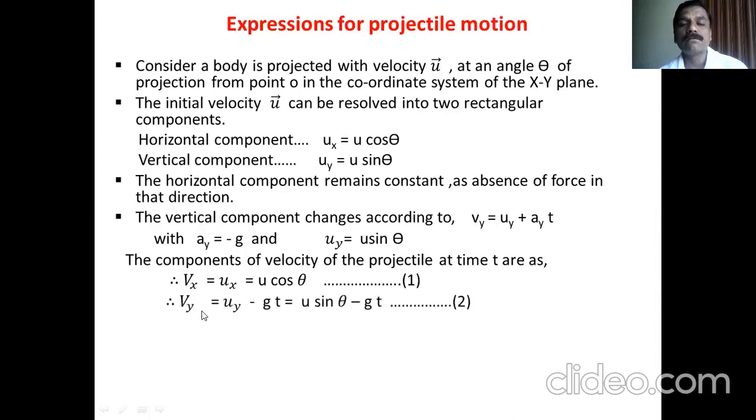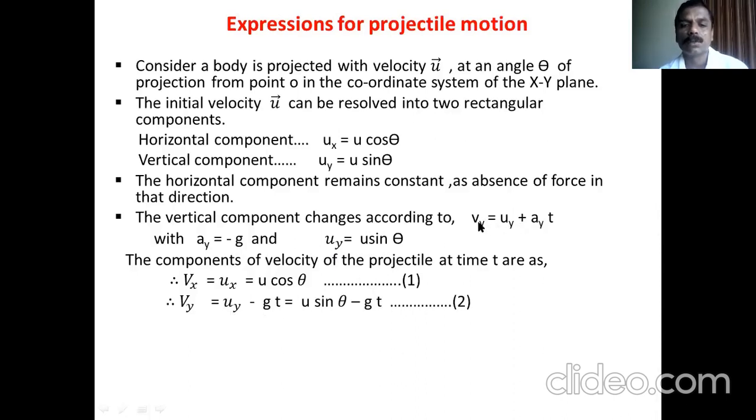Now vy, the velocity after time t, is nothing but uy minus gt. So you have to put the value of ay equal to minus g and uy equal to u sin theta in this equation.